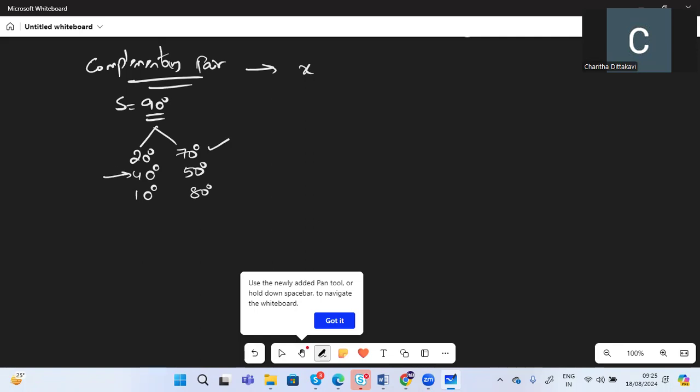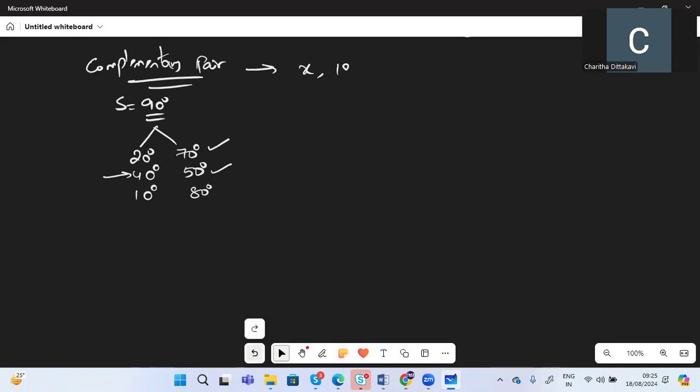Here also when one is 40, 90 minus 40, that is 50. So when one angle is x, the other complementary angle will be 90 minus x degrees. Got it? 90 minus x degrees. So if one angle is 25 degrees, obviously the other will be 90 minus 25, which is your 65 degrees. That's how you get it.